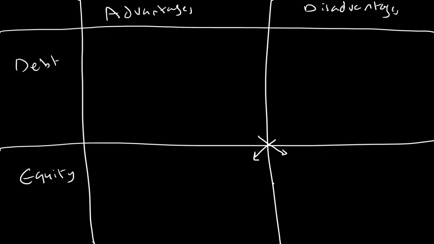For example, we said in case of bankruptcy, who will get a priority to get his money first? Debt. Therefore here, priority in case of liquidation. If the company will go bankrupt, they will get the money first.